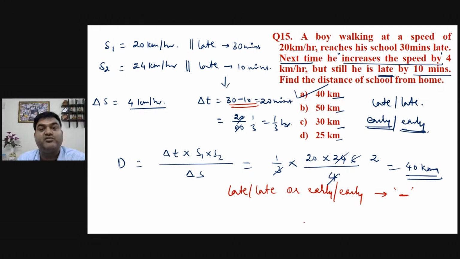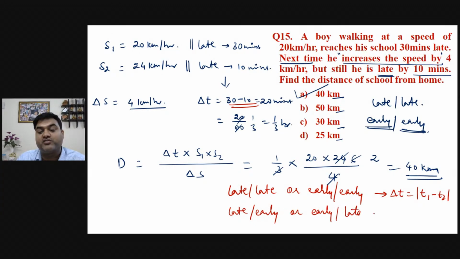Delta t is equal to t1 minus t2, mod value. When it is late and early, once reaching early and once reaching late, or early and late, the same concept, then delta t can be found as t1 plus t2. Understood? If you remember this much, this is more than sufficient for any sum based on this concept.